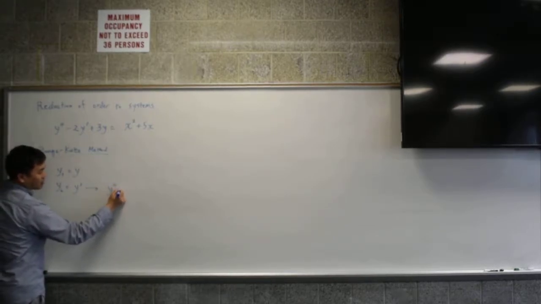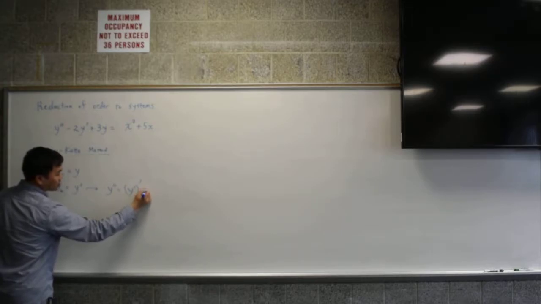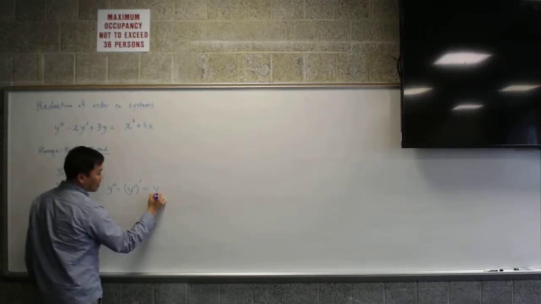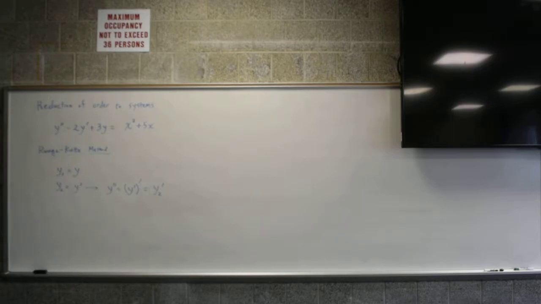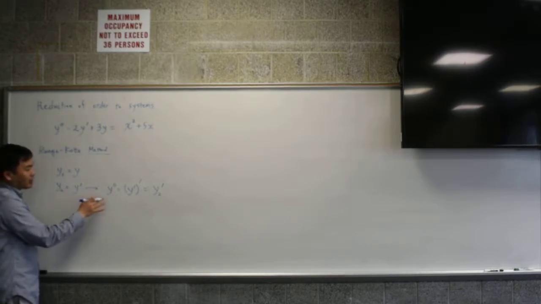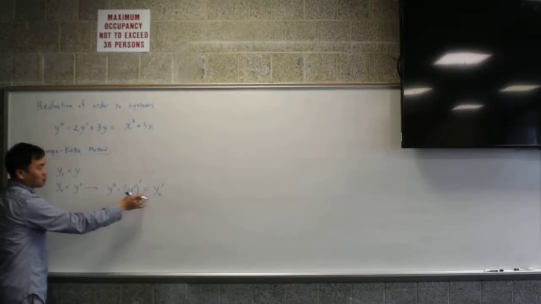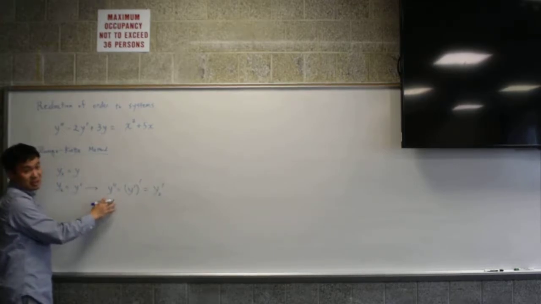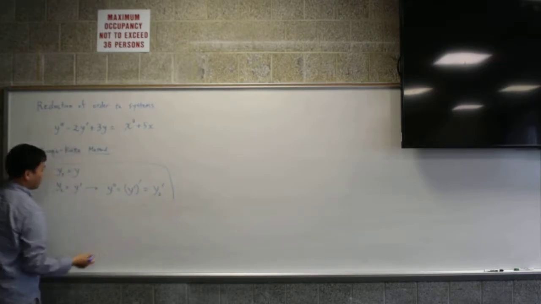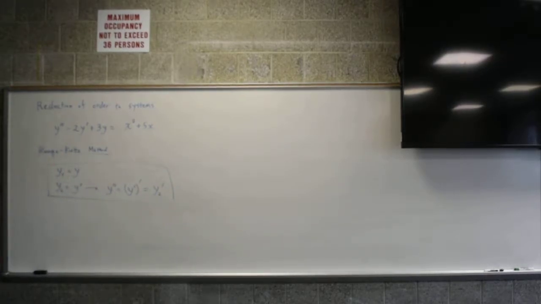Y double prime is like taking y prime and differentiating once, and since we renamed y prime as y2, it now becomes y2 prime. So having this kind of renaming has the effect of only using one derivative to talk about the second derivative. This is always true. But let's see how this change of naming can be applied to give an equivalent system for this one.